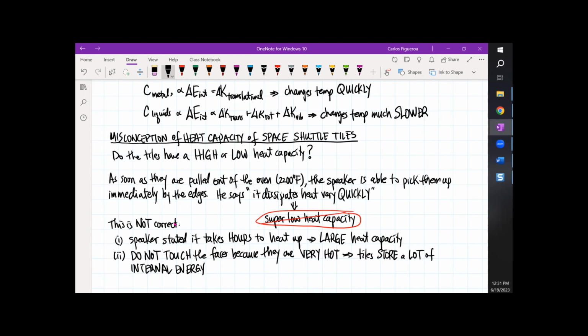Yeah, they store a lot of internal energy for a long time. Okay, they change temperature very slowly over a long time. So the heat capacity of shuttle tiles is very large. So I guess the question that I should answer here is why can they pick it up immediately?